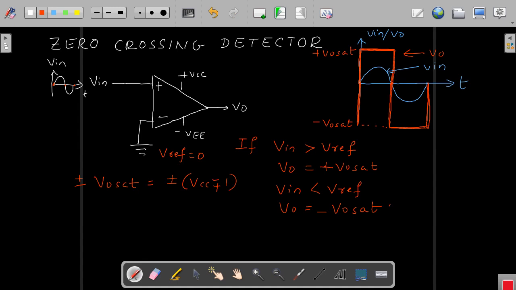This is the zero crossing detector, simple zero crossing detector. All of you are able to understand this or not? This is basically a comparator only. We are comparing it with 0 volt, or we are comparing it with a reference which is equal to 0 here.